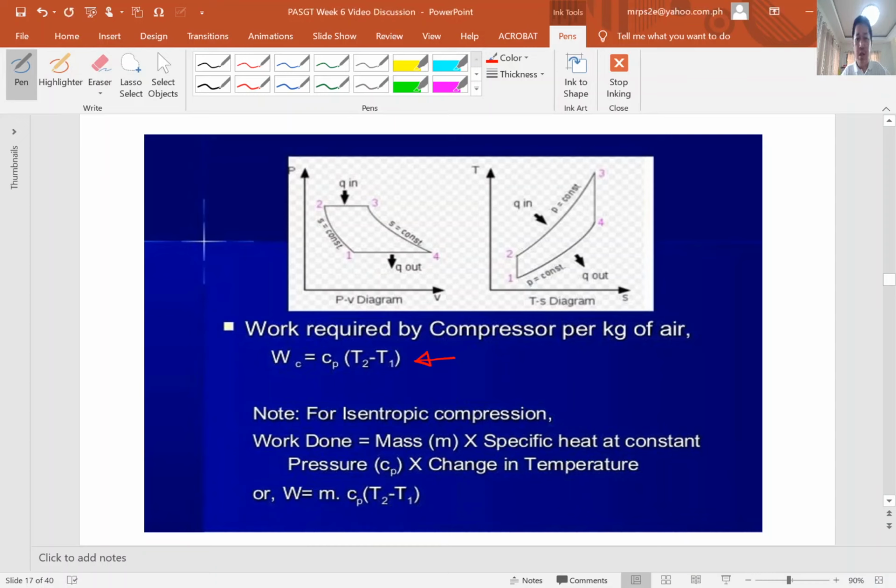So work done is equal to mass times the specific heat at constant pressure multiplied by the change in temperature.